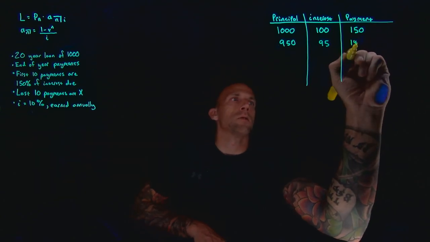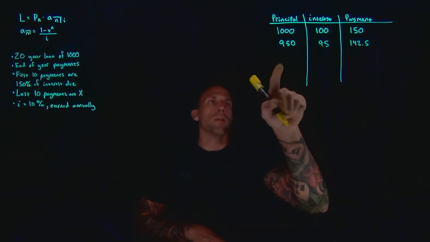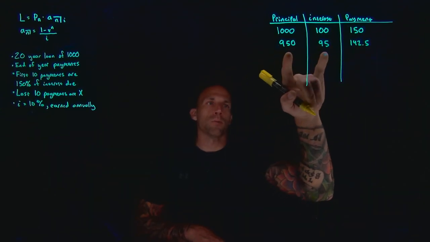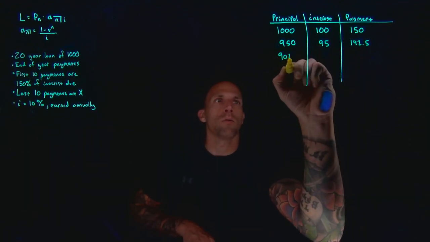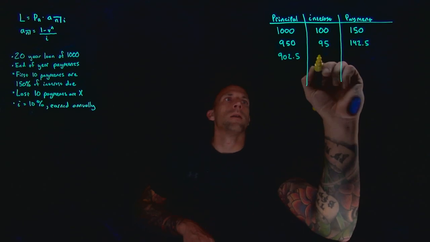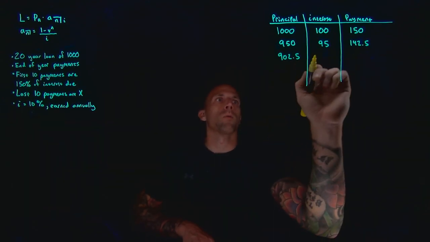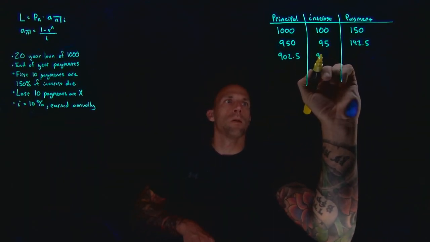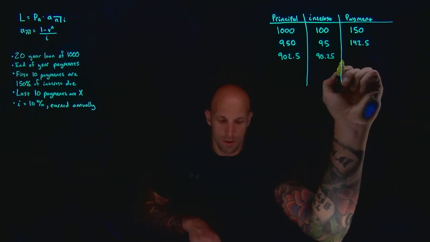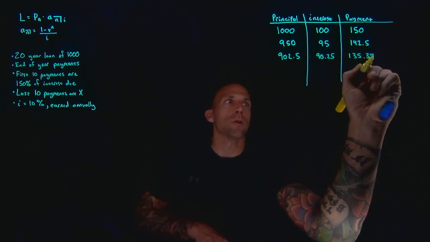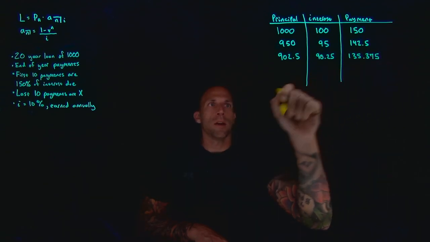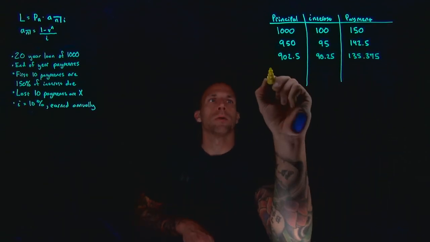In this case, 142.5. The new principal is the sum of the old principal and the interest minus the payment for 902.5. And let's do one more row. Earn 10% interest, make a payment that is 1.5 times larger than the interest, and then find the new principal.